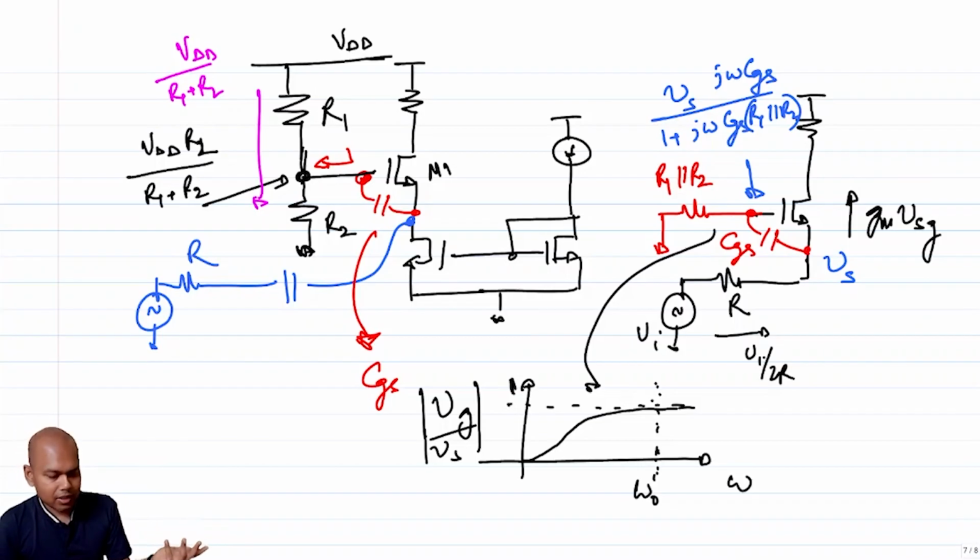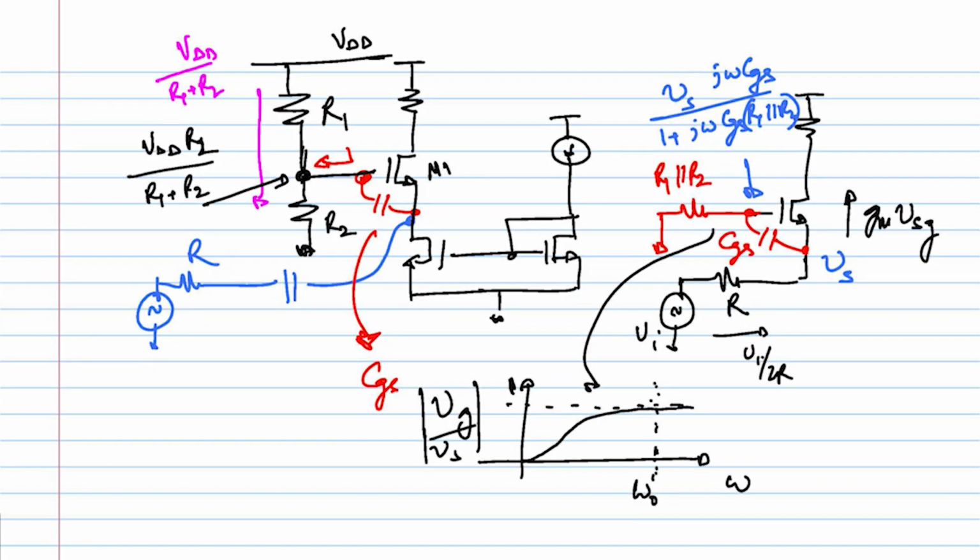So what are the ways of incrementally shorting a node at high frequency that we are familiar with? Going back to our basic analog circuit courses in our UG curriculum, the easiest way to incrementally short a node is to put a large capacitor from that node to ground, right?